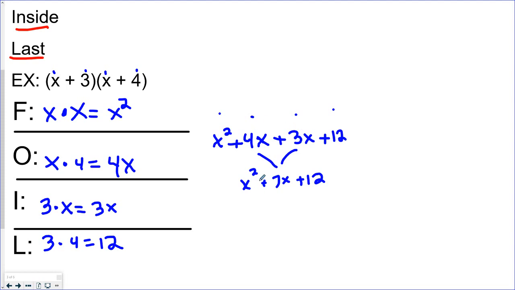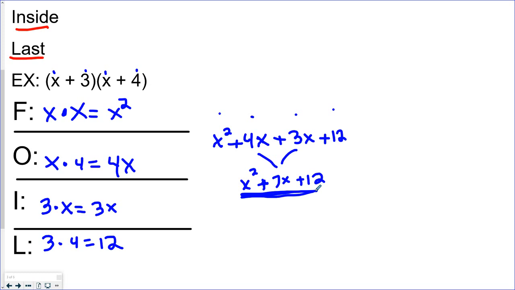I cannot add the x squared to there because x squared and x are not like terms. And I can't add the 12 there because 12 and 7x are unlike terms. But I can add the 4x and the 3x together to make a nice even 7x. And then this would be my fully simplified answer right here. This is the fully simplified form.